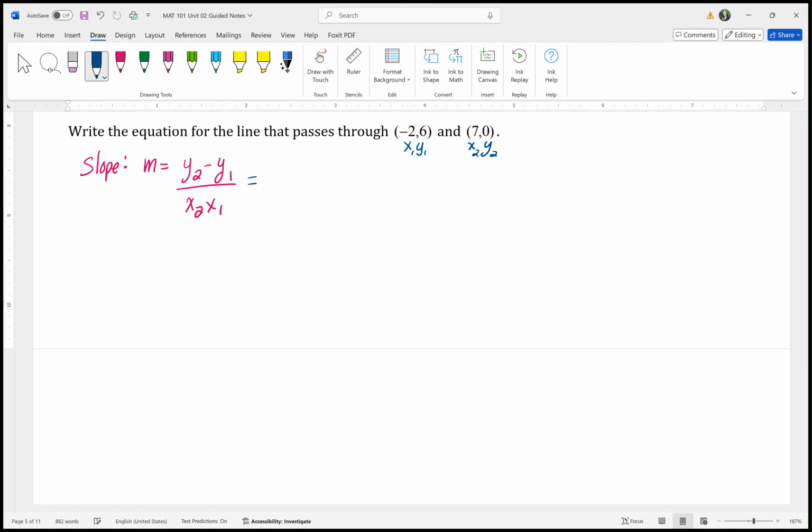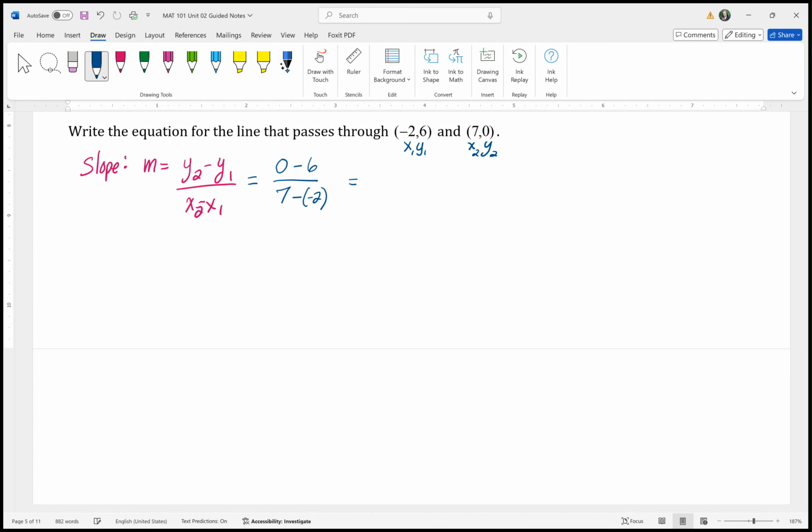We have y2, which in this case is 0, minus y1 is 6, divided by x2. x2 is 7, minus x1, careful in the signs here. So this will be 7 minus negative 2.